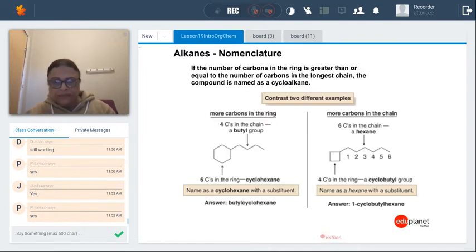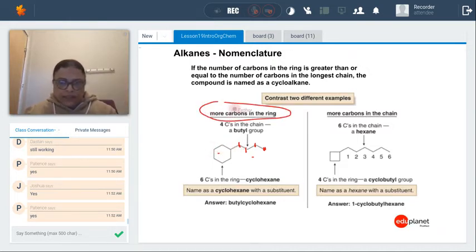Okay, all right. So what if I have the following? What if the ring has a chain stuck to it, and what is this? Is this a chain substituted with a ring, or a ring substituted with a chain? What would it be? You count how many carbons you have. The chain has 4, the ring has 6, the ring overrules.